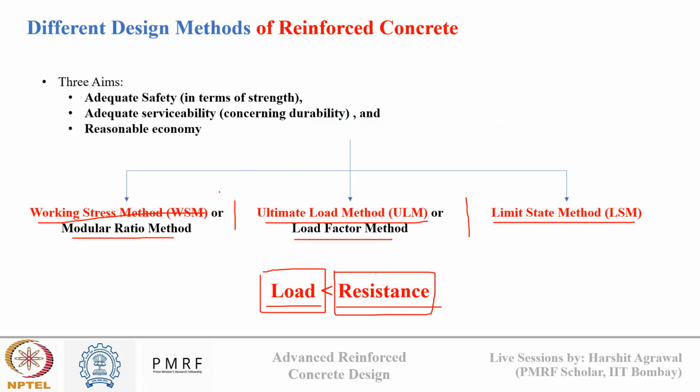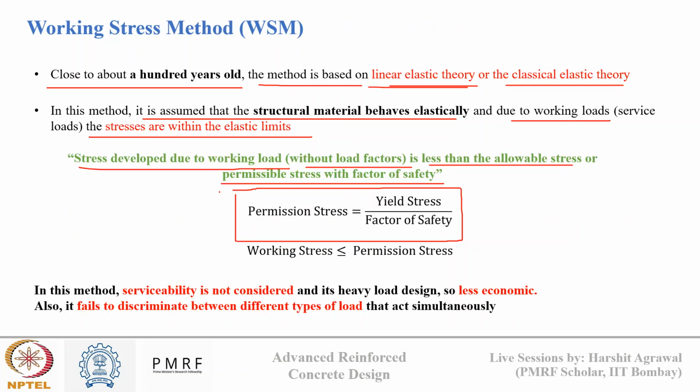Right, in the last slide, we saw two terms, load and resistance. Here we are not applying any factor on load. Load we are taking as service load only, the working load, without any factor. But on the resistance that is offered by the building, we are applying a safety factor.